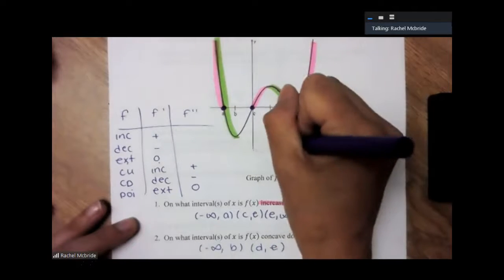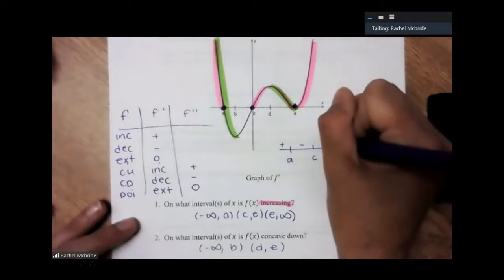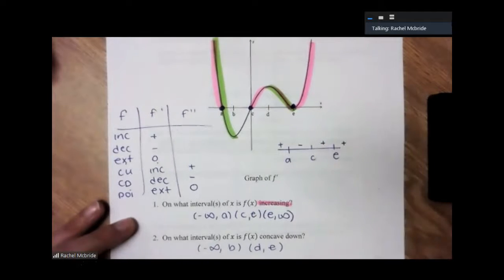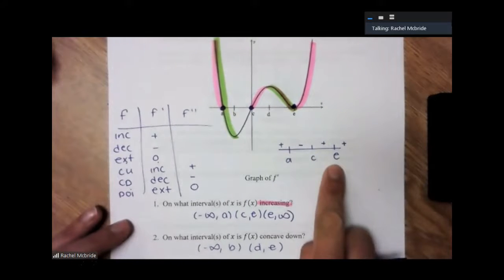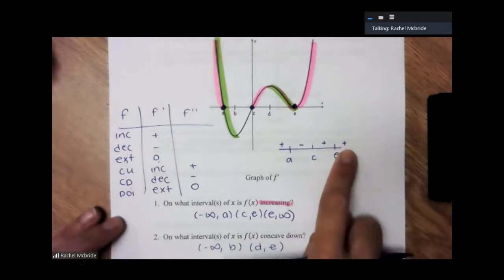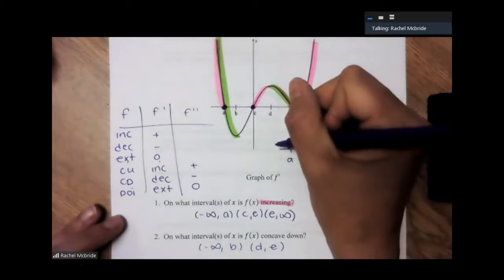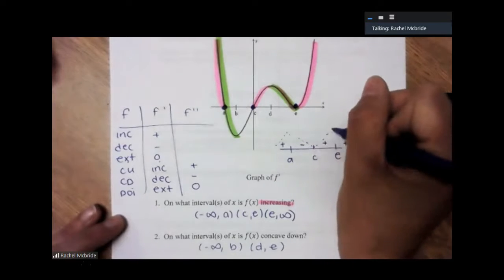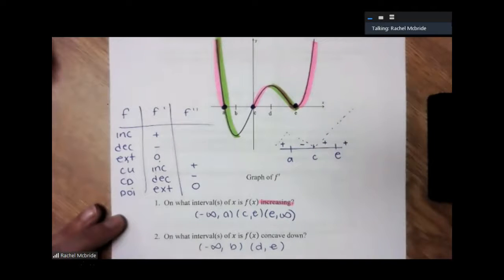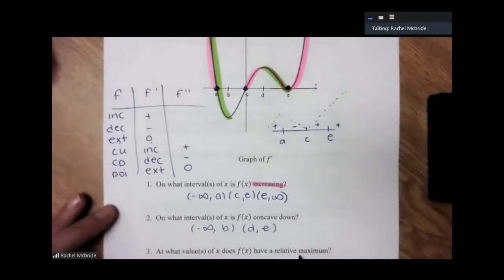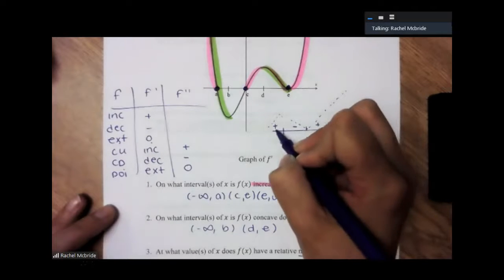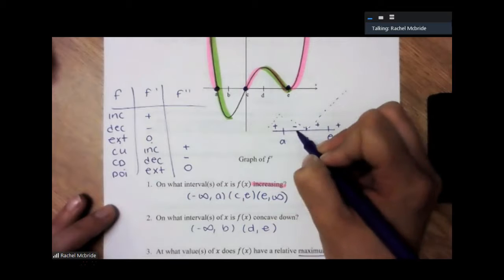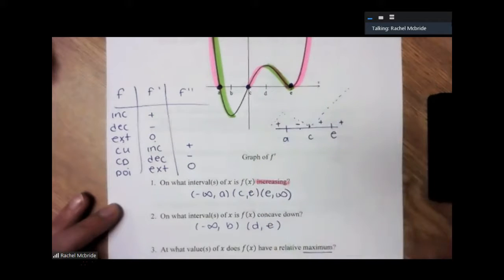So this would go positive, negative, positive, positive. So e is not going to represent an extrema because there is not a sign change. On the original, that represents increase, decrease, increase, increase. So if we're looking for a max, we are looking for a sign change from positive to negative on its derivative.